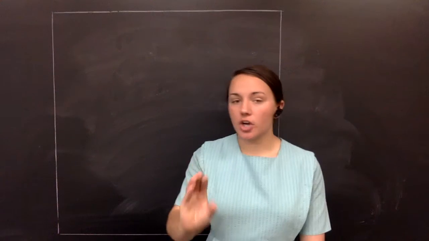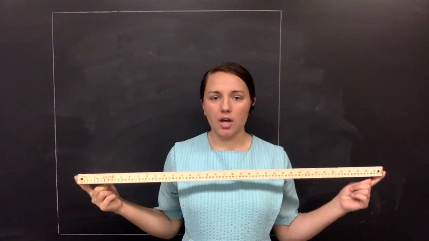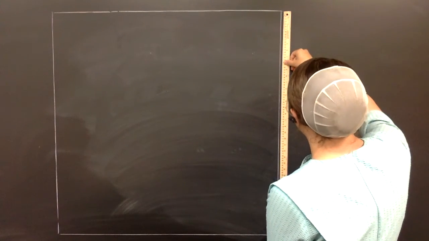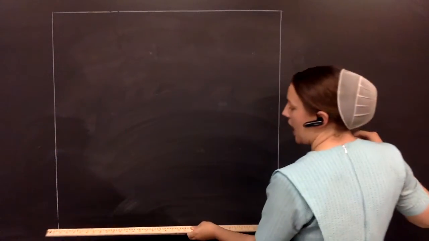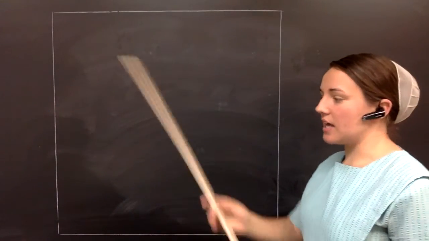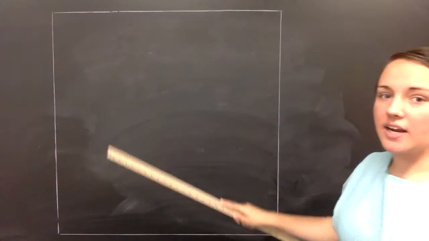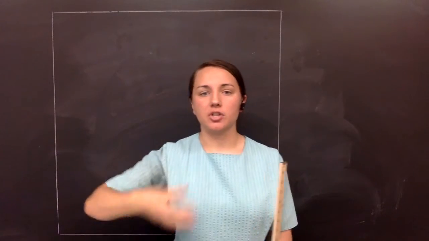Instead of it just being a yard long, a square yard is a shape that measures 1 yard wide, 1 yard long. It's 1 yard on every side. So a square yard is the measurement of the distance inside of this square, okay? It's not just a length, but it's the inside of this. This box is 1 square yard. So that's how they would sell carpet, by measuring square yards.